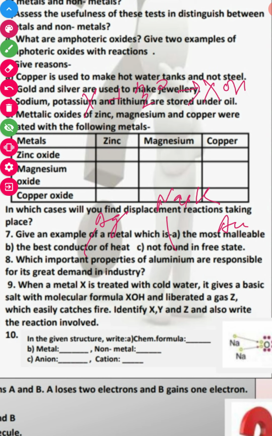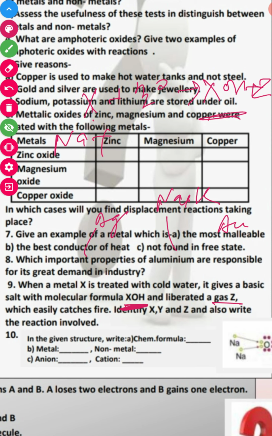The basic compound formula is XOH, and a gas Z is also liberated, which easily catches fire. That means it is a very highly reactive metal. So we can take the example of either potassium or sodium.